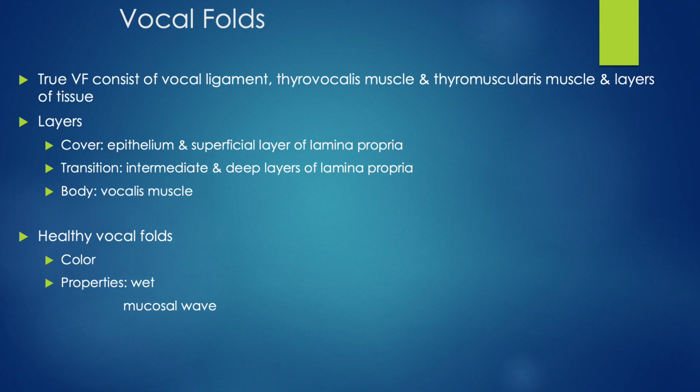So again, the cover is the loosest layer and the floppiest layer. That's what gives us the mucosal wave. And then it rides on top of the transition layer, and then the body is the vocalis muscle, and that's the densest layer. Healthy vocal folds should be a pearly white and look kind of wet and have a mucosal wave if we're doing stroboscopy.